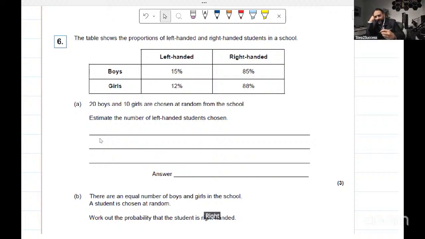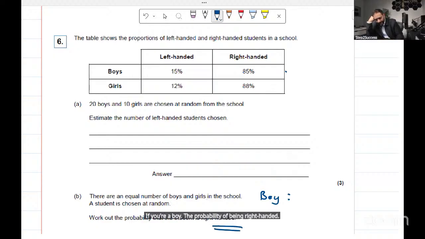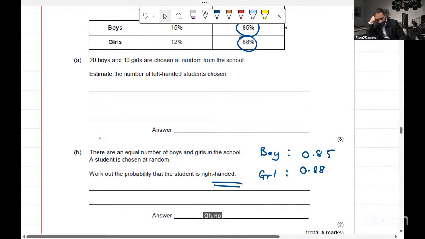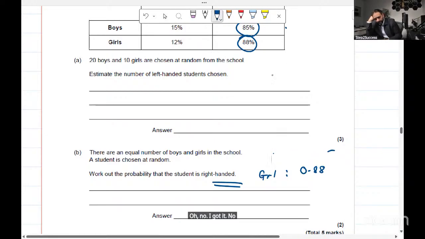Right. I think the only way to do this is to go, if you're a boy, the probability of being right-handed is 85% or 0.85. If you're a girl, the probability of being right-handed is 88%. Oh no, let me do that again.